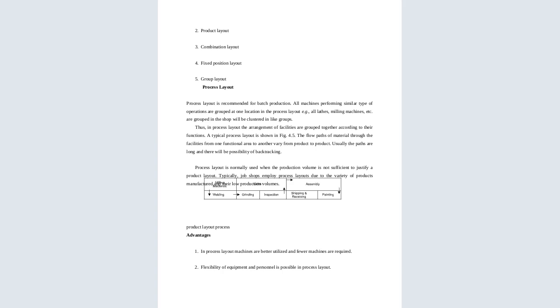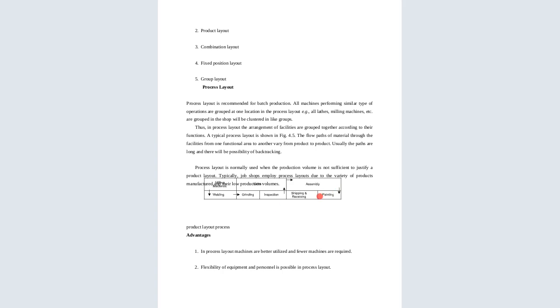All machines performing similar types of operations are grouped at one location in the process layout, e.g., all the lathe machines, the milling machines, etc. are clustered in like groups. Thus, in a process layout, facilities are grouped together according to their functions.